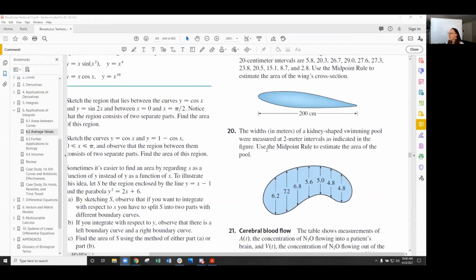So I'm going to share my screen for a second. I am in the section that has the midpoint rule, and the one that I wanted to look at here is problem 20.